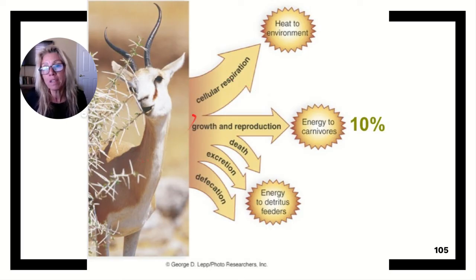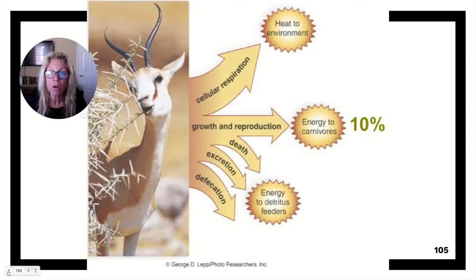Because this organism is going to do cellular respiration, he's going to lose some to heat. He's going to pee, he's going to poo, right? So he's contributing detritus. He's going to use some of that energy running around. So of all the plant material he eats as an herbivore, only about 10% of what he consumes gets taken to the next level at the carnivore.